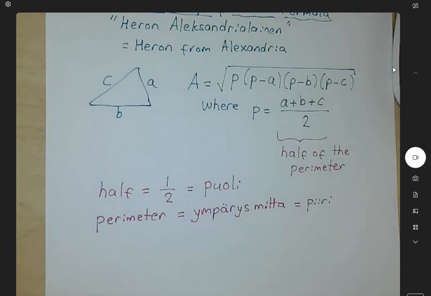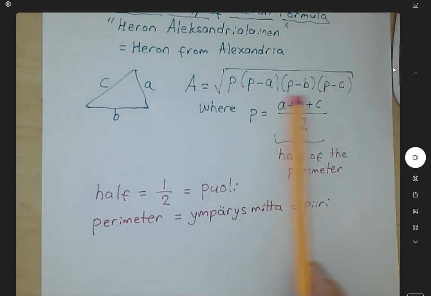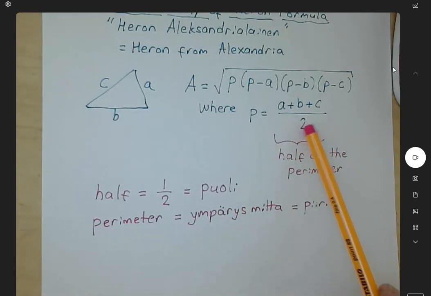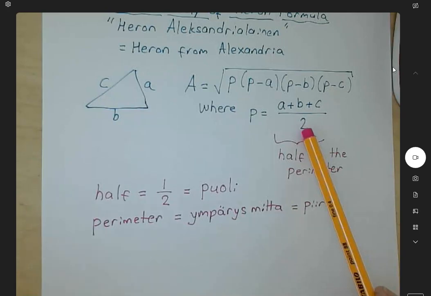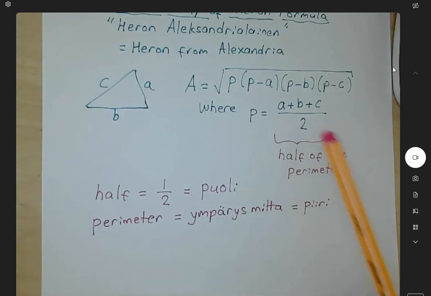So why are you dividing by 2? Well, actually, the proof of this formula is quite long. When there is dividing by 2, it shows us that there is something to do with the triangle, because every time you are calculating the area of a triangle, you have some kind of division by 2.